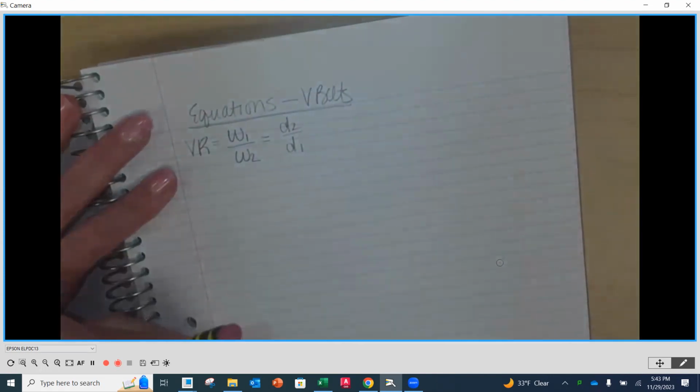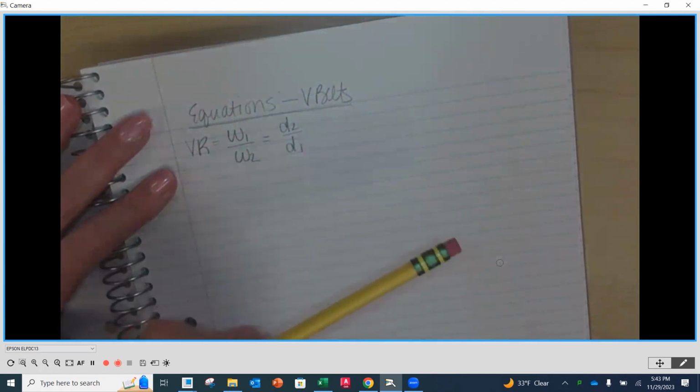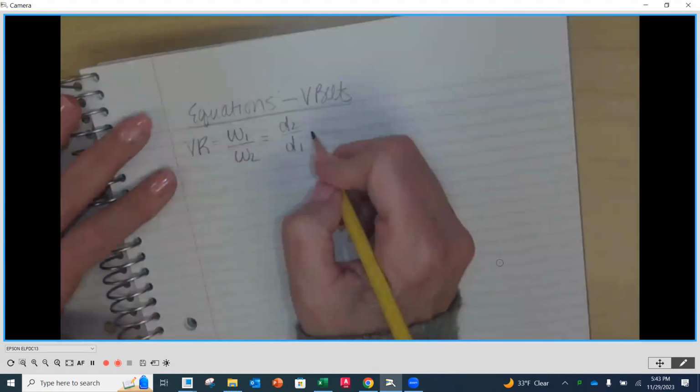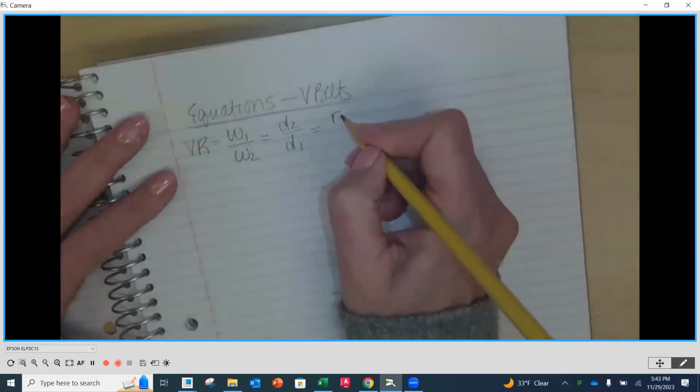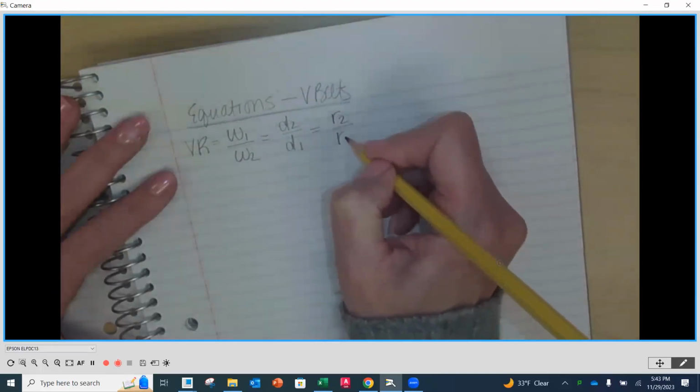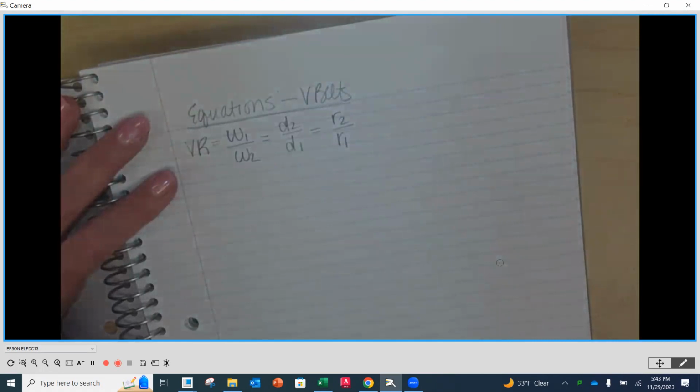Remember, the larger will always go on top. When we get into physical size, we put the 2 on top because the driven sheave or pulley is going to be larger than the driver. And then we can do the radius as well, and that's going to be 2 over 1.